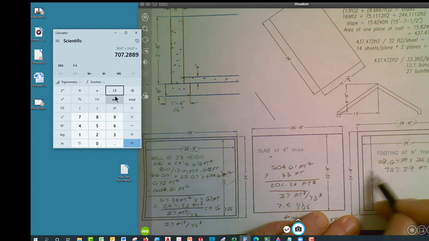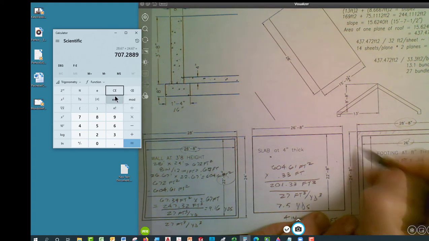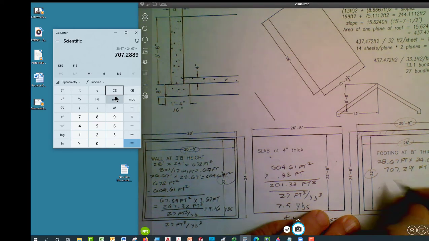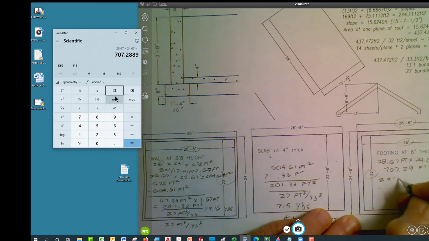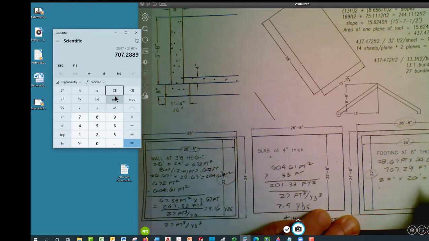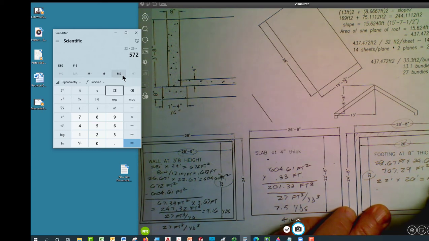Now we have to subtract the inside to get the area of just the top surface of the footing itself. In order to do that, we multiply 22 feet times 26 feet to come up with the area of the inside. So we've got 22 times 26, 572 square feet.